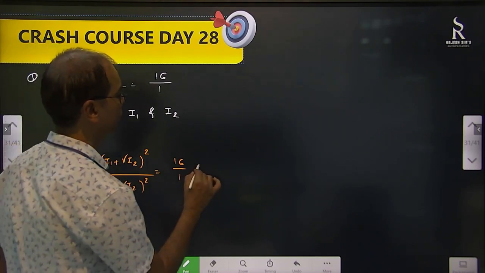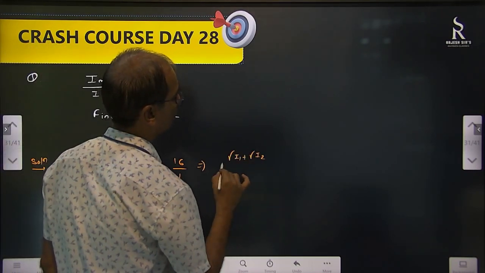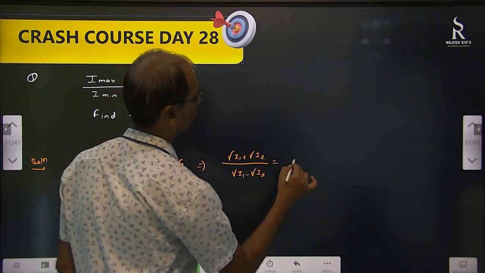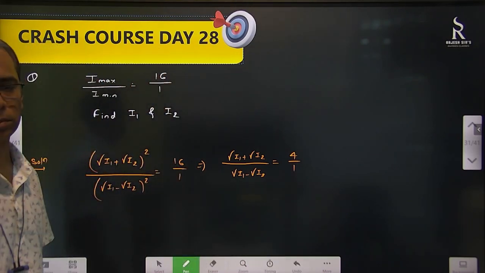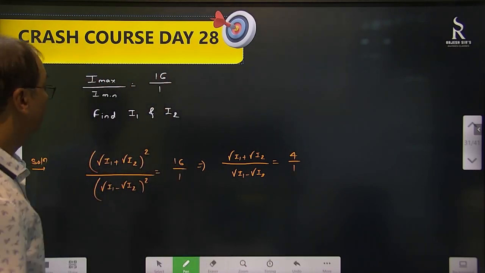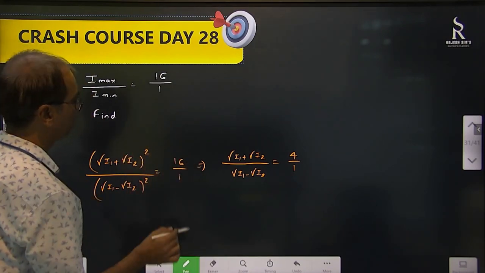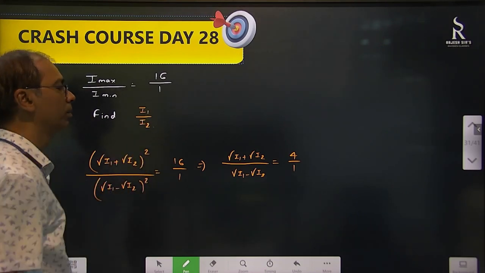That means root I1 plus root I2 by root I1 minus root I2 is equal to 4 is to 1. Find I1 by I2, not I1 and I2. You can do cross multiplication.